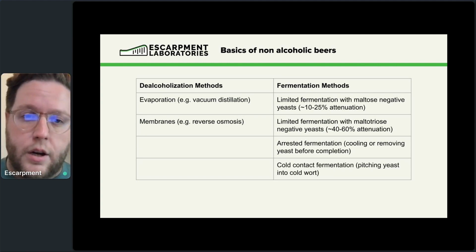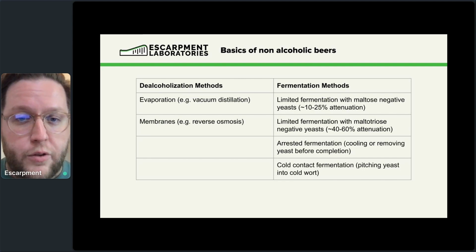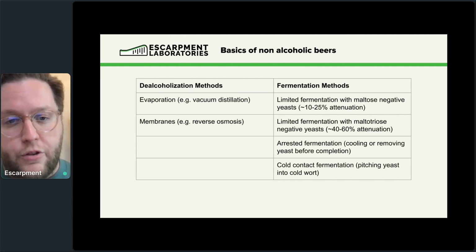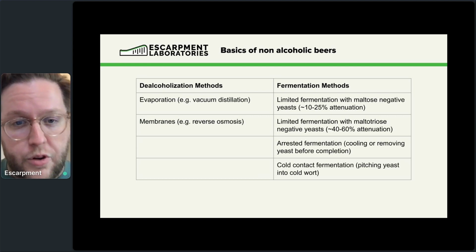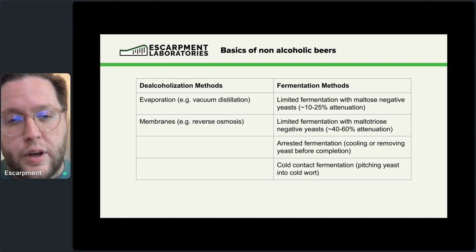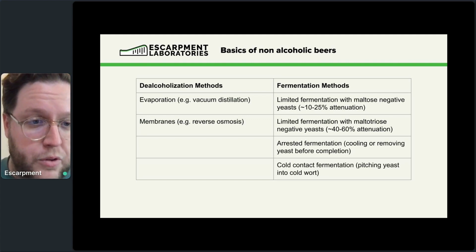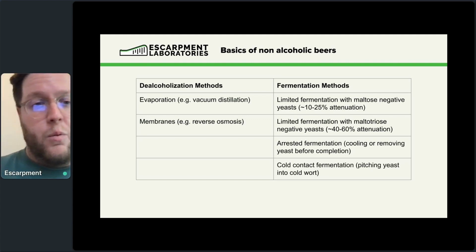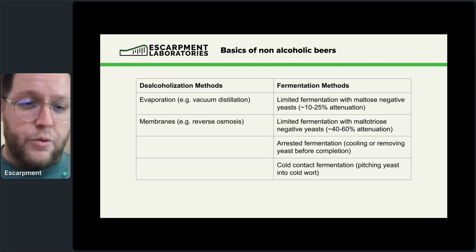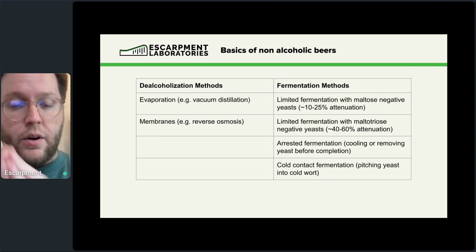Membranes are a common method as well for dealcoholization. So as opposed to a distillation, instead, this way you're separating molecules in your beer using a high pressure and a membrane. So using a method like reverse osmosis, which is often used to purify water, you can actually put beer through a certain type of reverse osmosis and remove the alcohol from the beer.